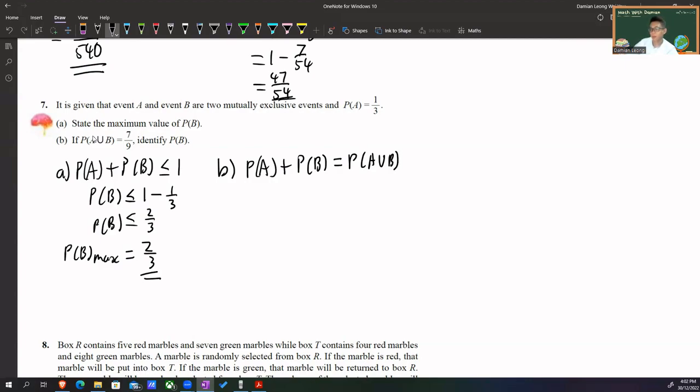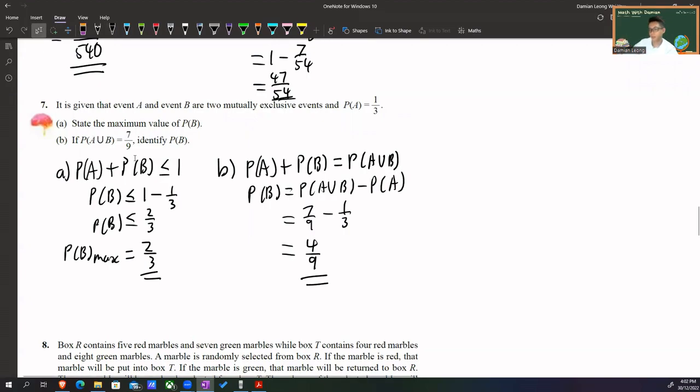So to get probability of event B, I can just take probability of event A union B minus probability of event A, which is 7 over 9 minus 1 over 3, so 4 over 9. Yeah, that's it.